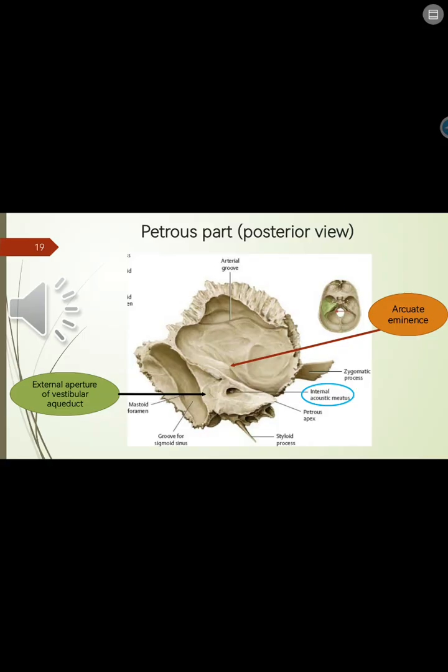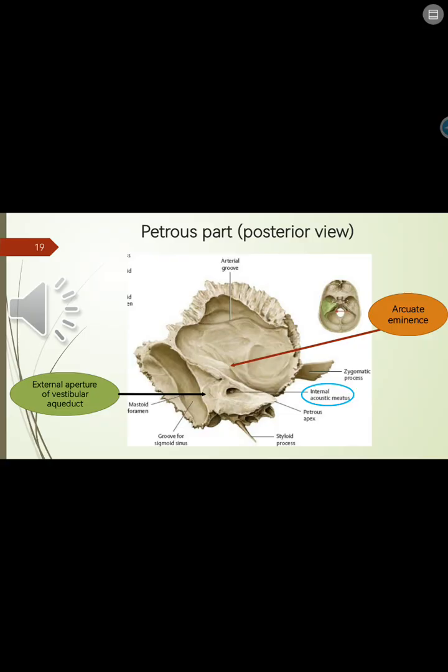The vestibular aqueduct lies behind the opening of the meatus, almost hidden by a thin plate of bone. This canal, or canaliculus, or small canal, contains the endolymphatic duct. The terminal end of the endolymphatic duct is between periosteum and dura mater.